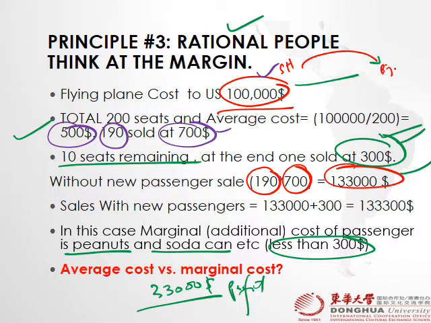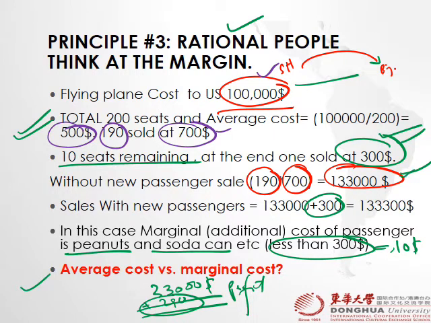Right? You take that opportunity and what happens? Your sales increase by $300, and your profit also increases by, for example, let's say the cost of the soda can and all those peanuts is just $10. So you just add $290 to your profit. See, even though your average cost is $500, your profit still increased by $290.